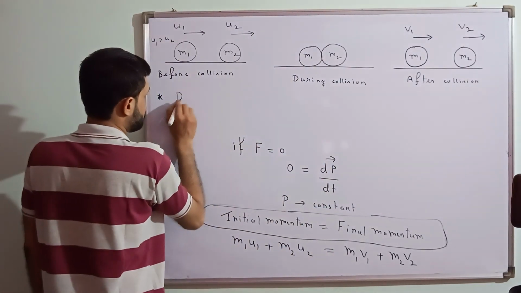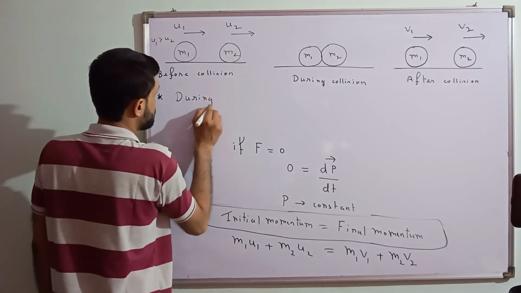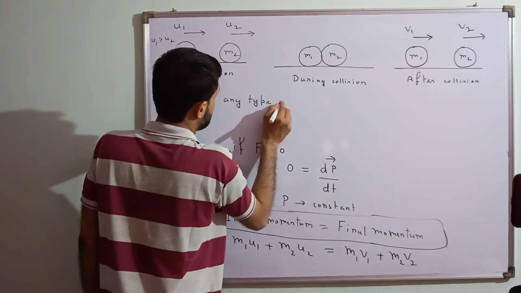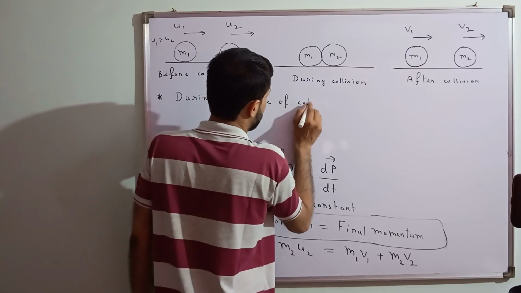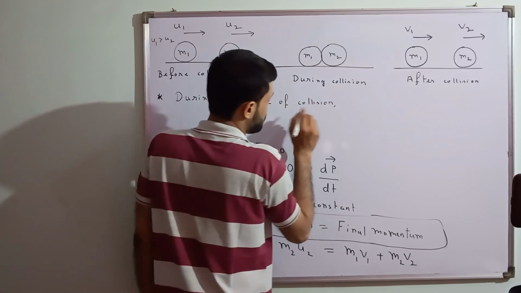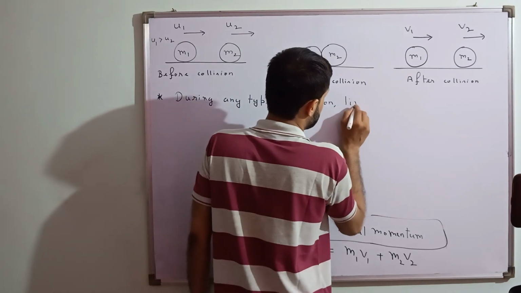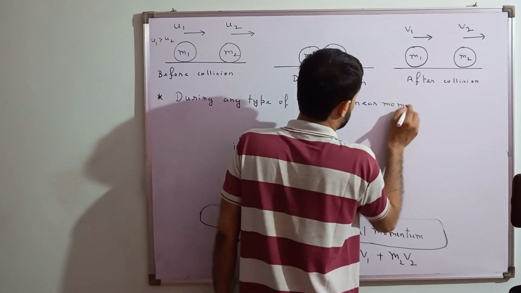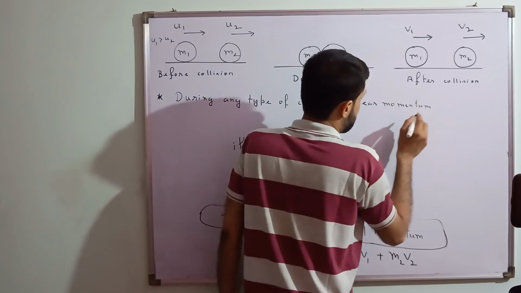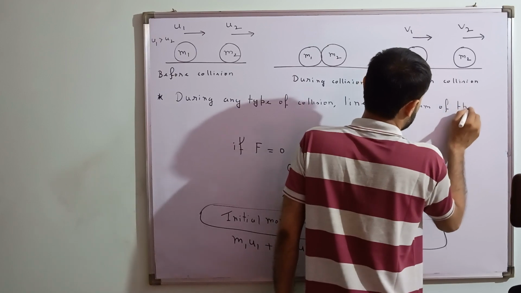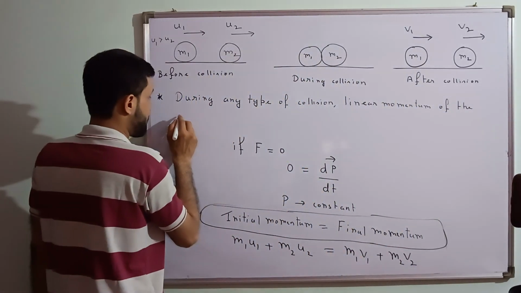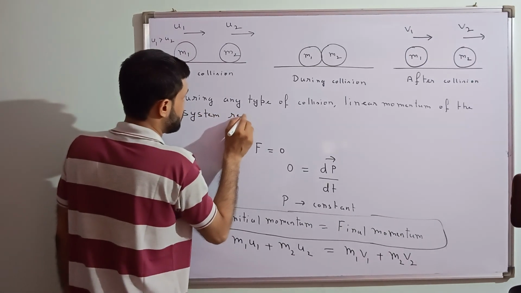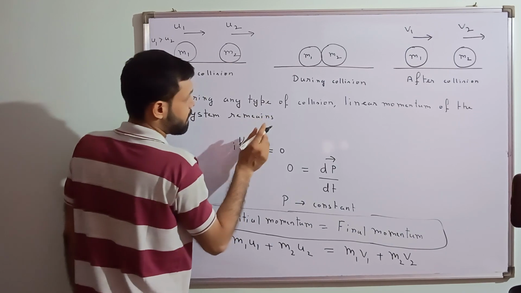During any type of collision, the total linear momentum, or we can say the linear momentum of the system, remains constant.